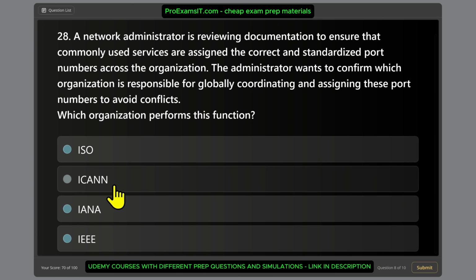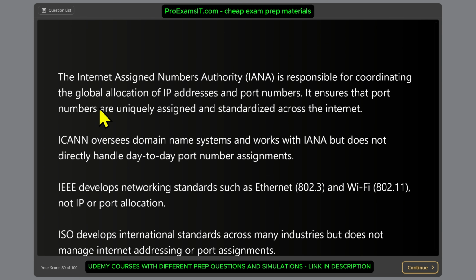ISO, ICANN, IANA, or IEEE. Well, you might not have this on the exam, but it is good to know. So the organization is IANA. The Internet Assigned Numbers Authority is responsible for coordinating the global allocation of IP addresses and port numbers. It ensures that port numbers are uniquely assigned and standardized across the Internet.